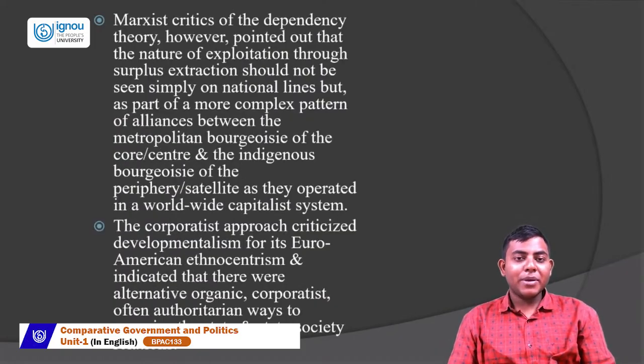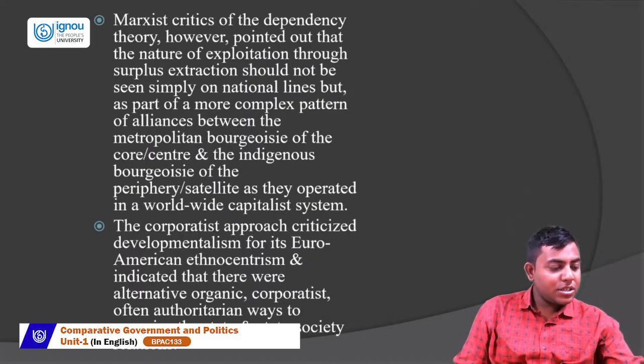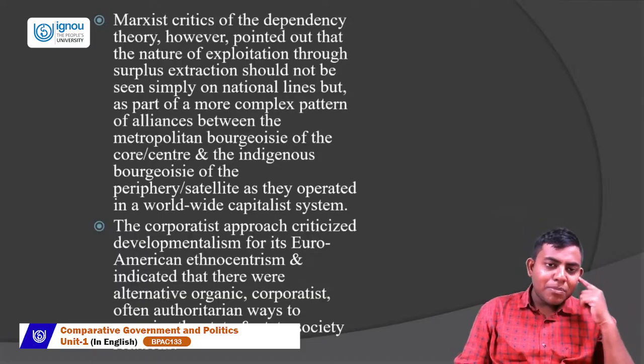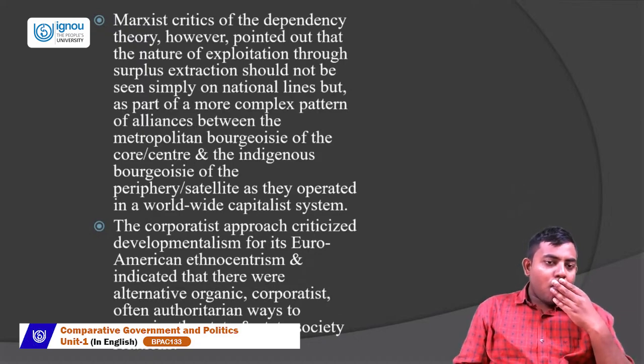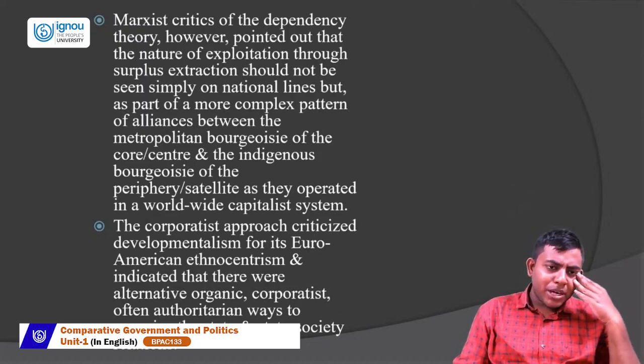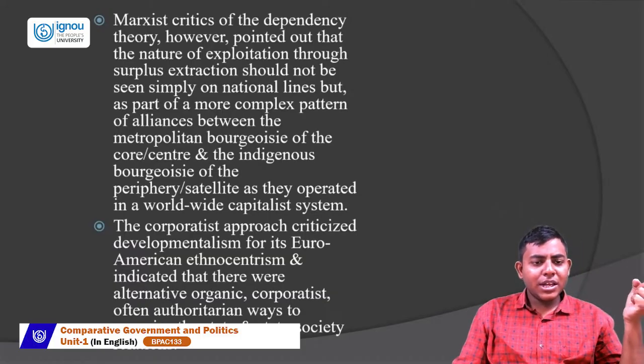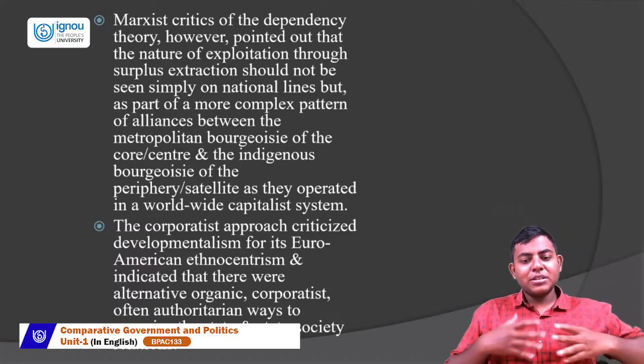Marxist critiques of the dependency theory, however, pointed out that the nature of exploitation through surplus extraction should not be seen simply on national lines, but as part of a more complex pattern of alliances between the metropolitan bourgeois of the core or the center and the indigenous bourgeois of the periphery or satellite, as they operated in a worldwide capitalist system.